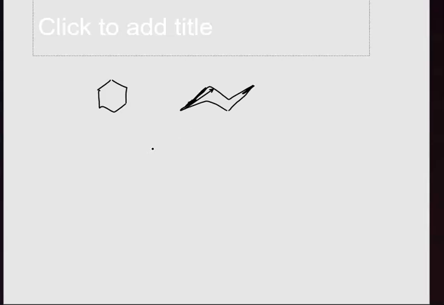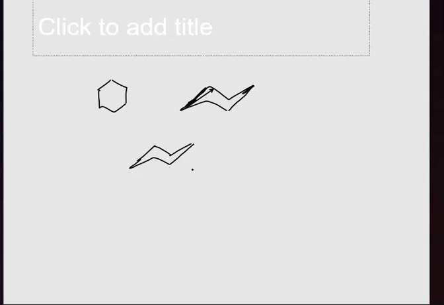The book describes how you can draw this, and this is how you have the carbon atoms arranged in a chair conformer. In this structure, all the hydrogen atoms present in cyclohexane are completely staggered, and the molecule is strain-free in this conformation.